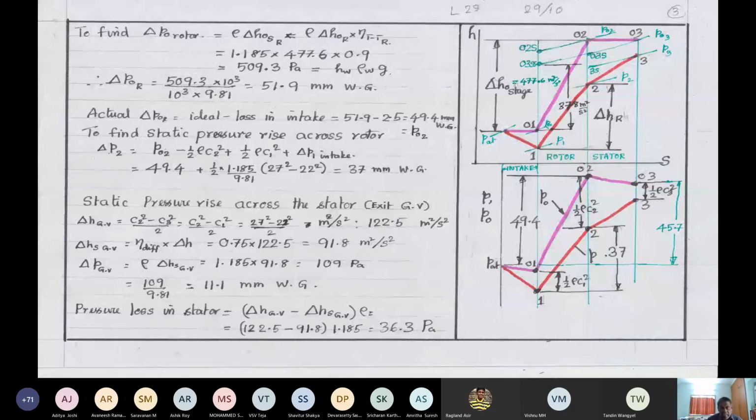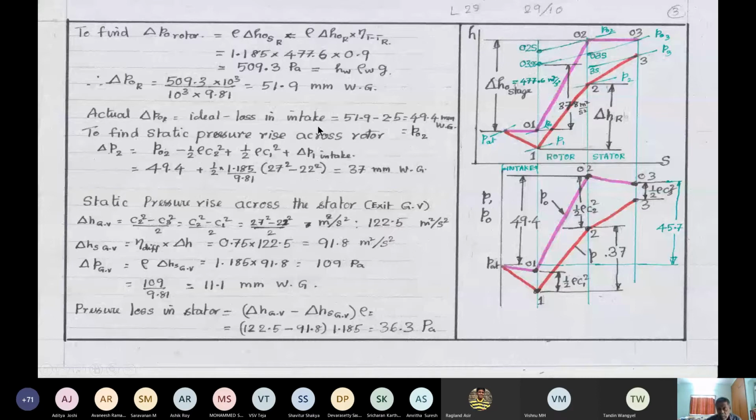Then this is the one you get, but there are some losses. It is mentioned that at the intake there is a pressure loss of 2.5 millimeters, or 0.25 centimeters. So the actual delta P naught rotor, that is the stagnation pressure developed by the rotor, is this total minus 2.5 mm.